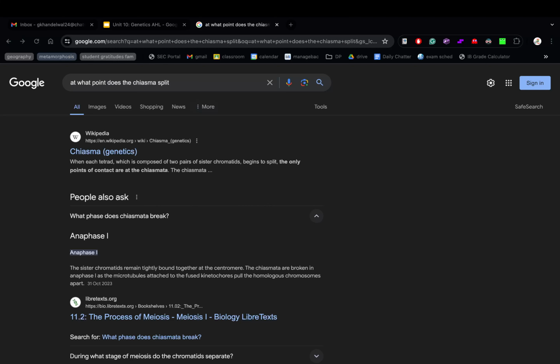Dominant homozygous parent means that it's capital A. Recessive means that it's small a, and heterozygous means capital A, small a.